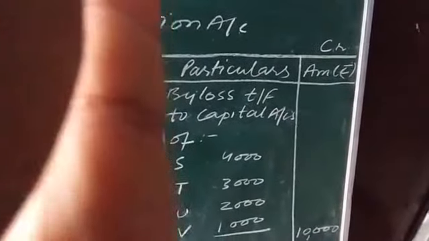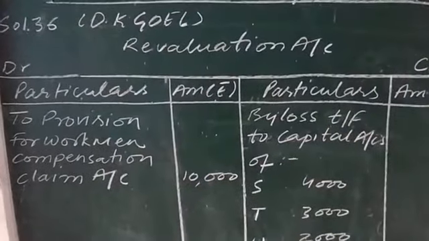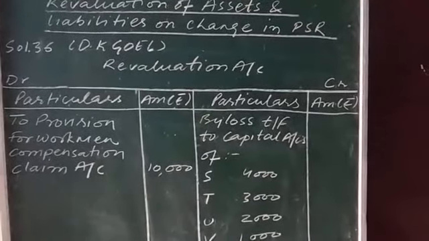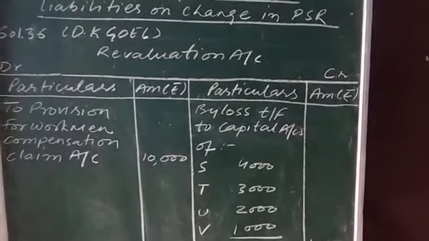Now there is nothing else whose revaluation has been done. You can see the debit side of revaluation account, which shows the increase in liability, is exceeding the credit side.